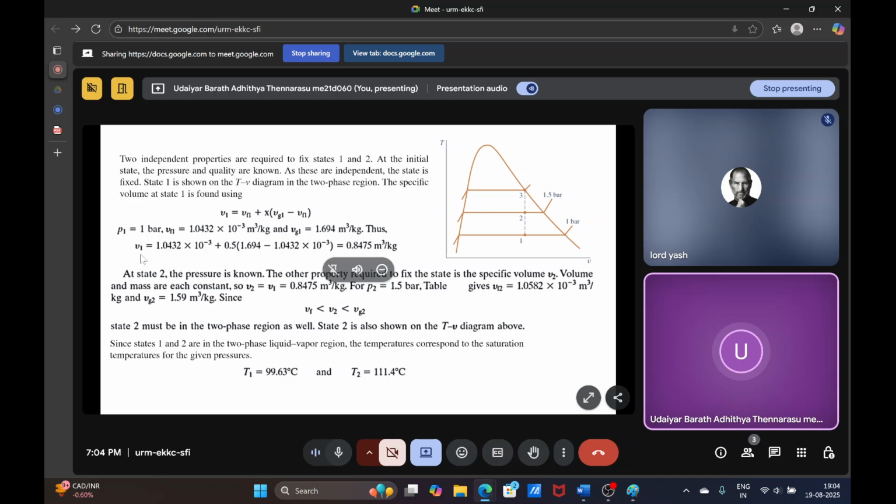So V1 comes out to be 0.8475 meter cube per kg. Now at state 2, we know the pressure, so we similarly estimate the specific volumes of saturated vapor and saturated liquid, and using the same expression we can find x.